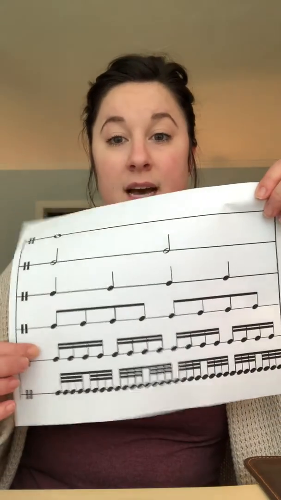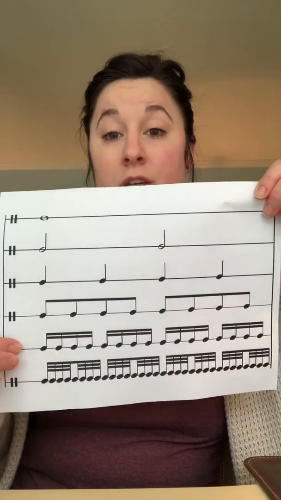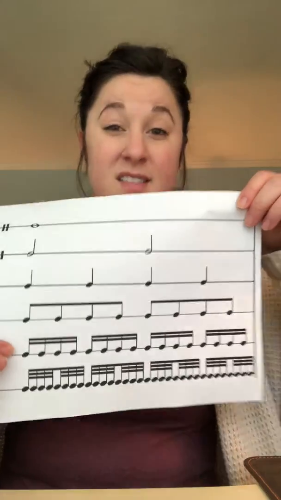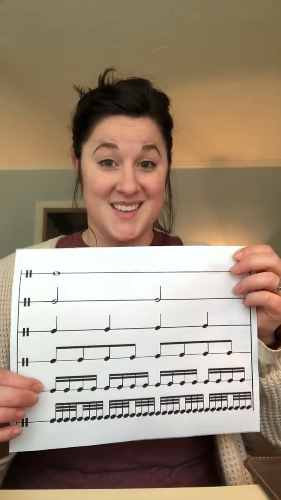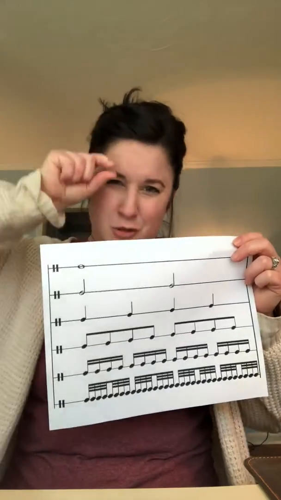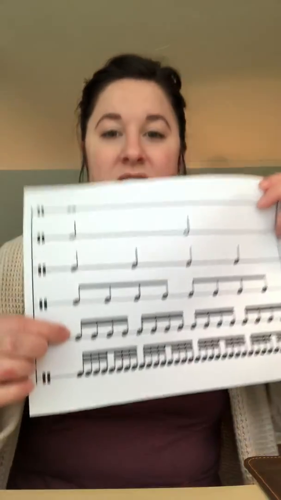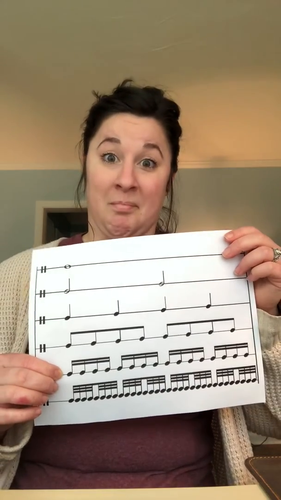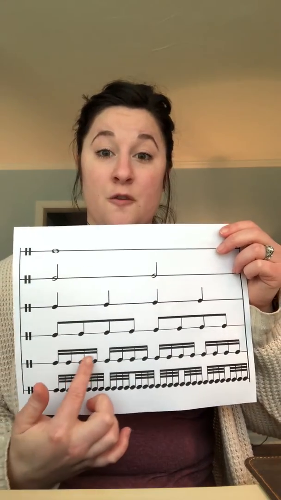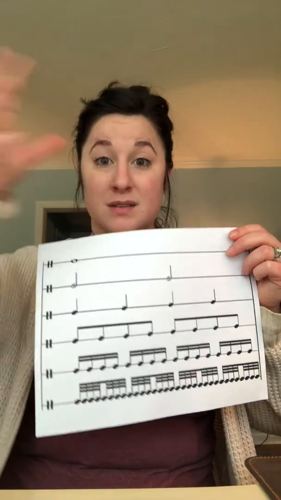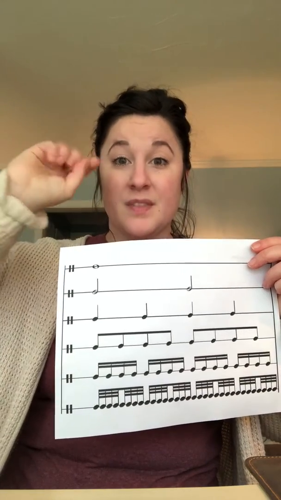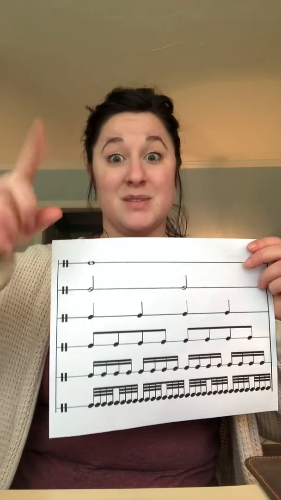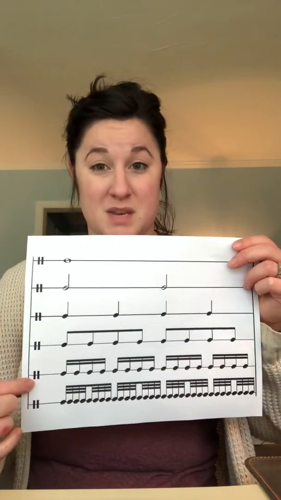Okay, and then this last line that we're going to talk about on the chart, these are 16th notes. 16th notes are even smaller. One of these 16th notes equals a quarter of a beat. That means it takes 4 16th notes, when they're put all together, to make 1 beat.